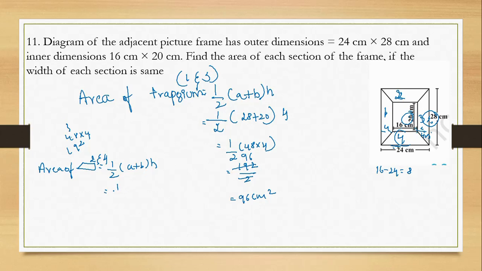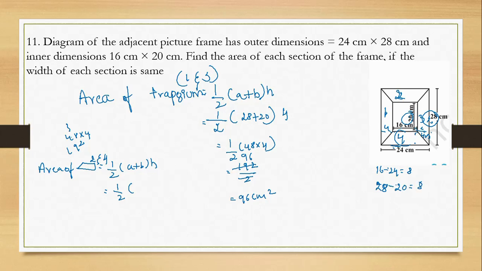In this the total is 28 and this is 20, so 28 minus 20 we get 8.